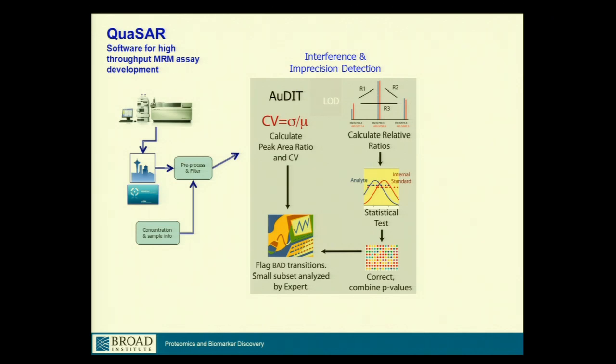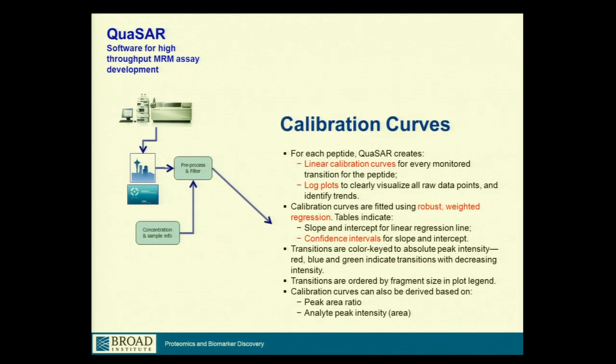It's also possible that in some cases the coefficient of variation is too large. Remember, I told you that we expect something around 15–20% to be the achievable coefficient of variation for MRM analysis. If it goes beyond that for whatever reason, the peptide is not behaving well, or there is some other issue with your chromatography, then you want to be able to flag those too. So audit will flag both kinds of issues.